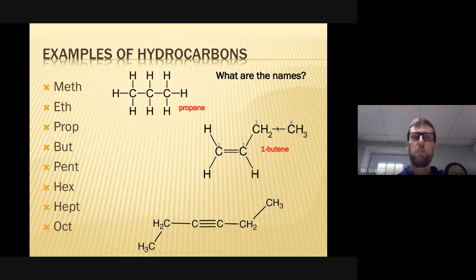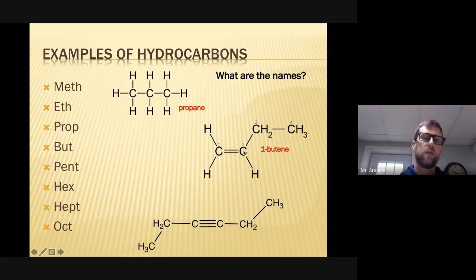Because if we just say butene, the reader would ask the question, well, where's the double bond in the butene? So we use numbers to indicate the location of these double or triple bonds, as we'll look at in the next example. So 1-butene is telling us, as we look at the structure, that the double bond is between carbon 1 and carbon 2.